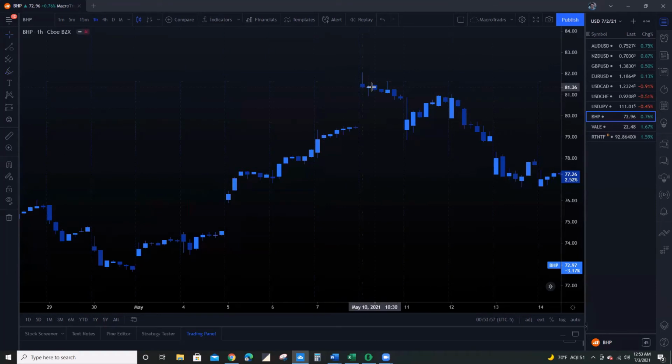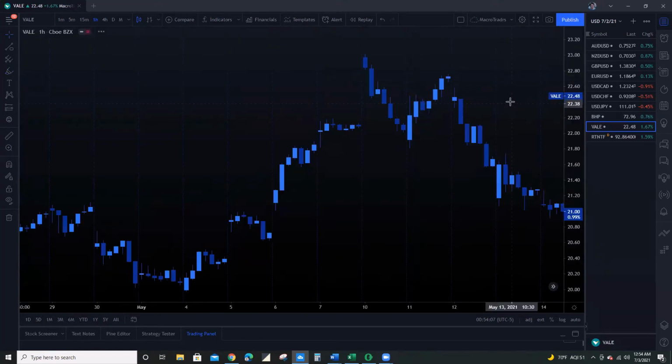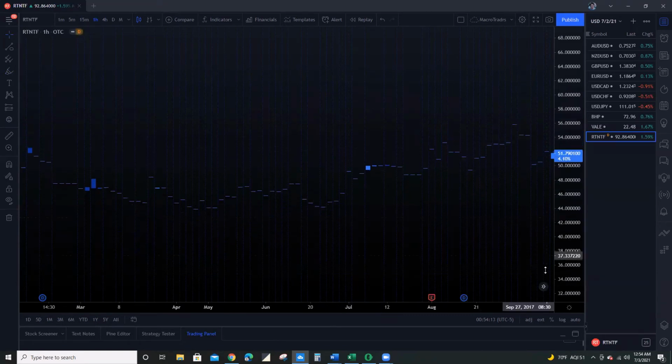But this one gapped. It went so high. This is our stock. That article came out 2 a.m. Look at this. Veil gapped it. Oh, this is a mess.